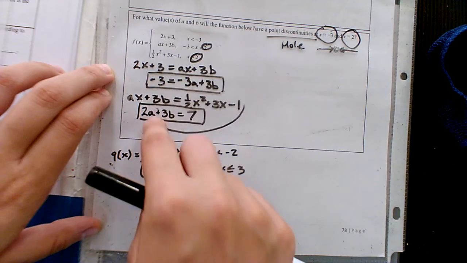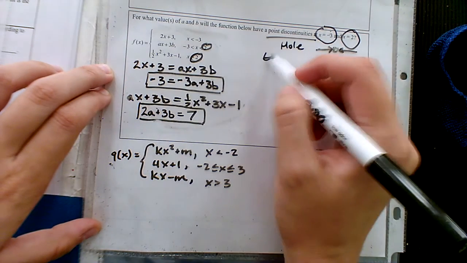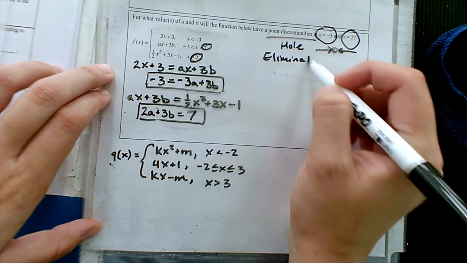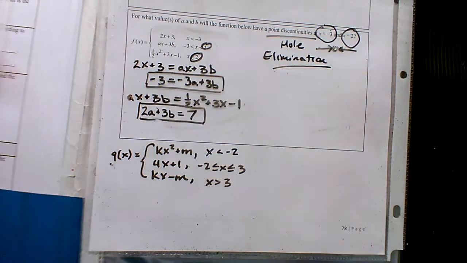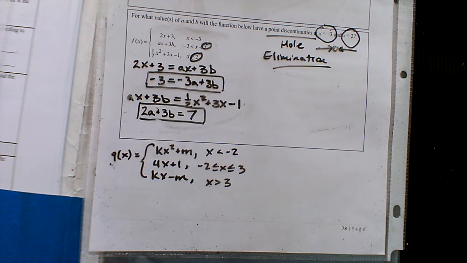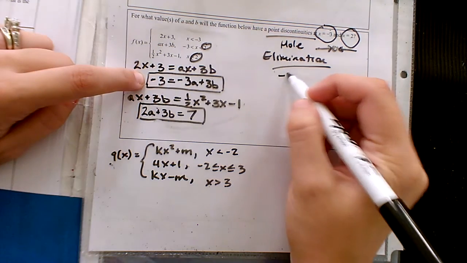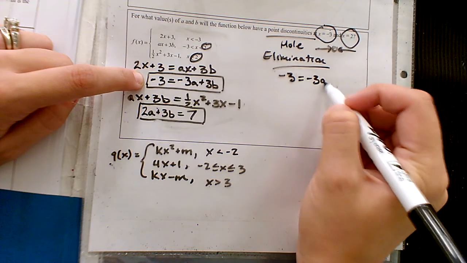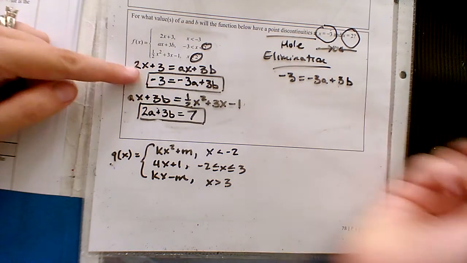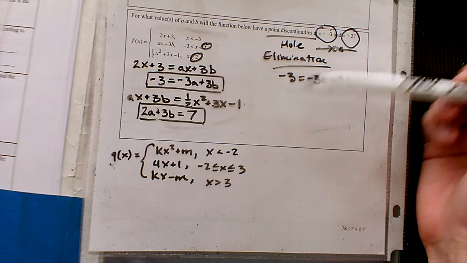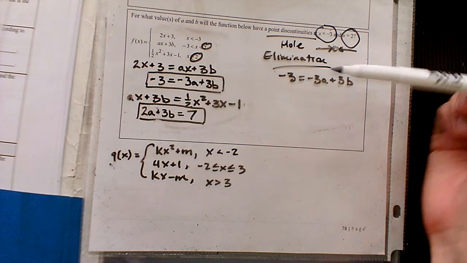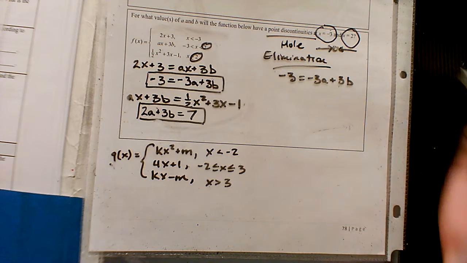Okay, so elimination works a little bit differently. Elimination has a particular setup to it. You want to stack the variables on top of each other. So for instance, if I just write down the first equation the way it looks, notice how I want numbers over numbers, equal sign over equal sign, A's over A's, B's over B's.